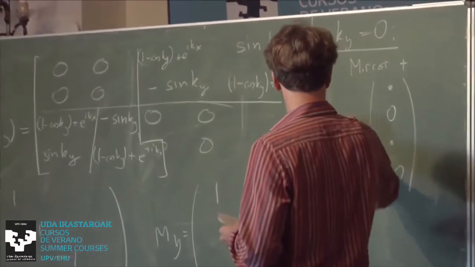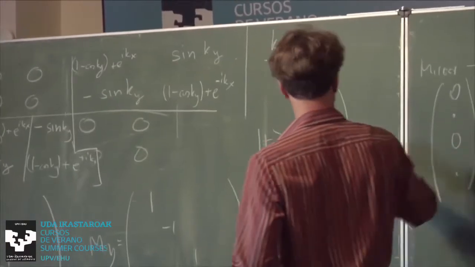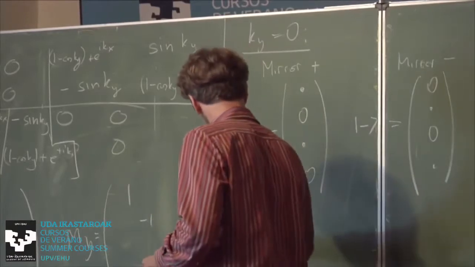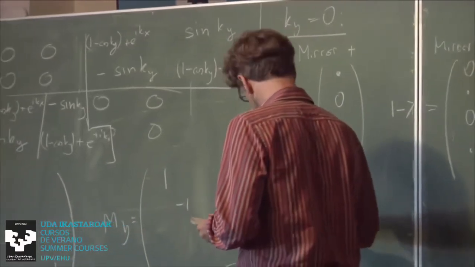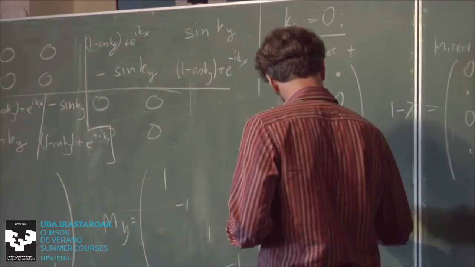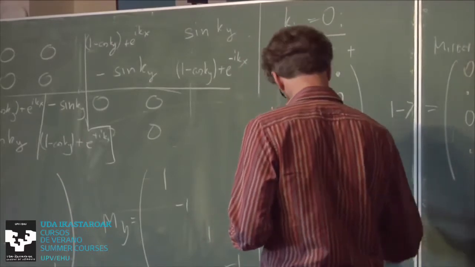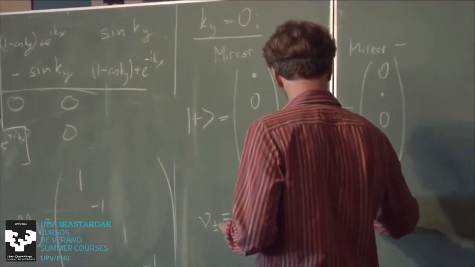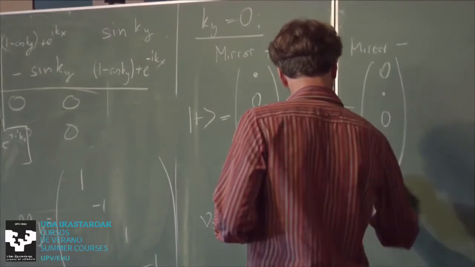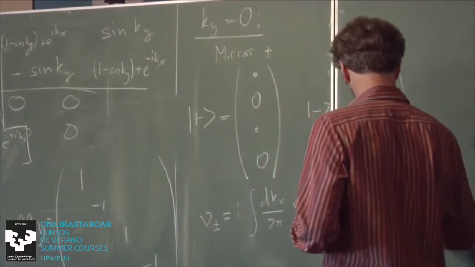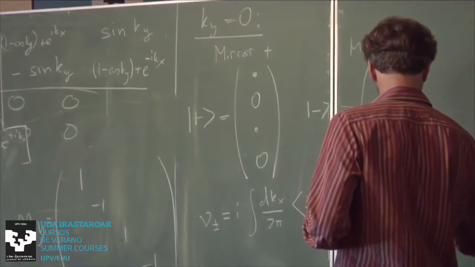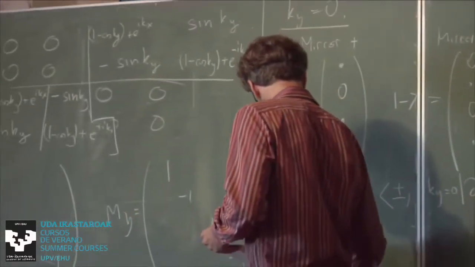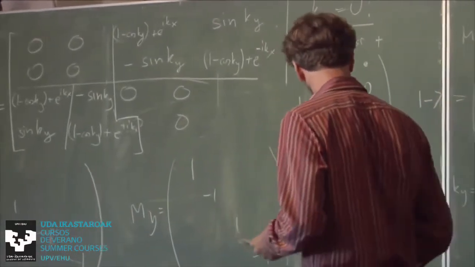Let's call these plus, and this is the plus wave function and the minus wave function. I can compute the winding numbers, nu plus minus, as the integral of dkx over 2 pi, using plus or minus wave functions at ky equal to 0, partial kx. So the result that I'll get is that they are plus or minus 1/2.